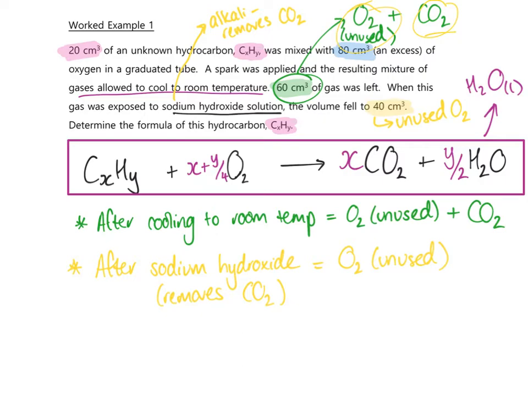That removes the carbon dioxide, so you're left with just the oxygen unused. And from these bits of information, you can then work backwards and work out the volume of the oxygen used, because you know how much you added in the first place. In this case, it's your 80 centimetres cubed, and you can take away the volume of oxygen unused.